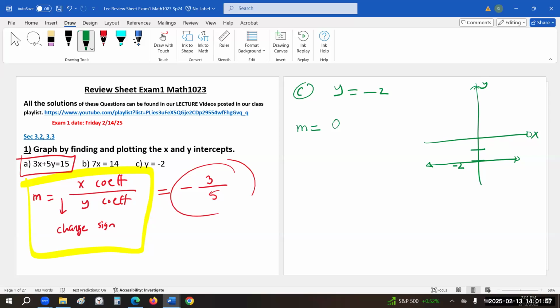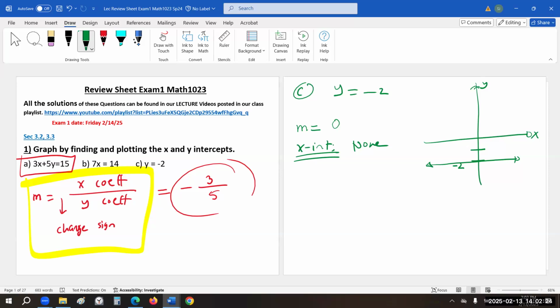Then find the x-intercept. The x-intercept is where you are crossing the x-axis. Are you crossing the x-axis? 0 is a number. None. You cannot write 0, because 0 is a number that does exist, but here it doesn't exist.